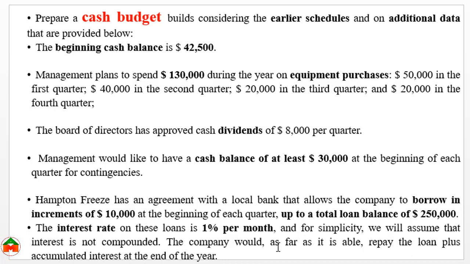They will pay simple interest. And there is another assumption for the simplicity of preparing this cash budget for easy understanding. The assumption is that they will repay the loan plus the interest at the end of the year. From this information and from the data from previous budgets, we are going to prepare the cash budget.